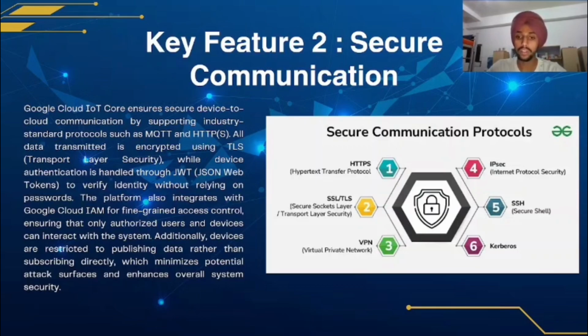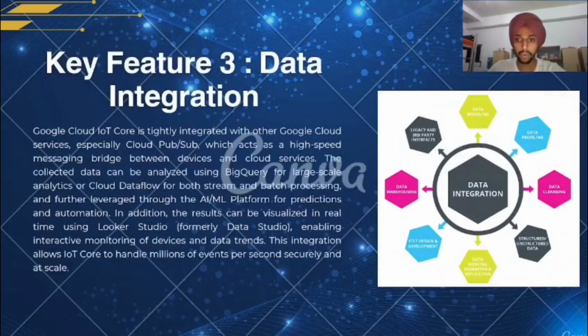And one of the most important key features is data integration. IoT Core excels in data integration by working seamlessly with other Google Cloud services. It uses Cloud Pub/Sub as a high-speed messaging bridge between devices and cloud services.